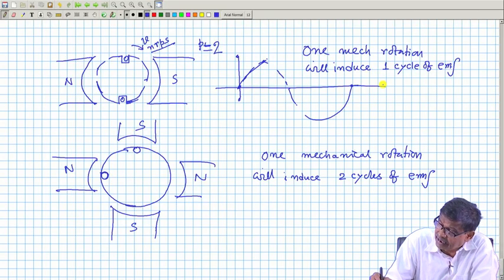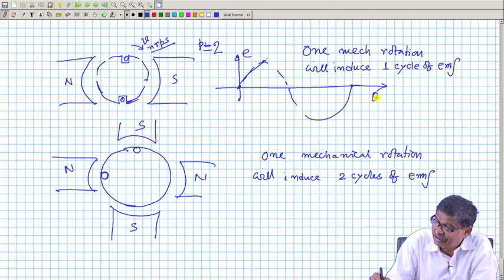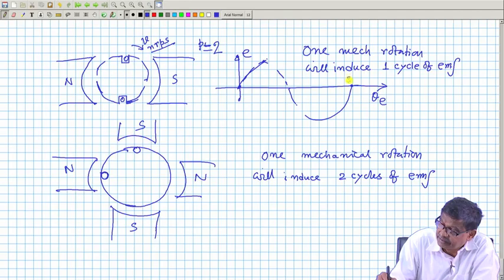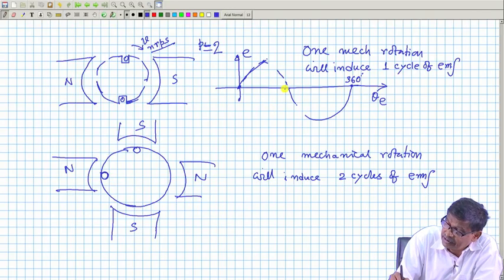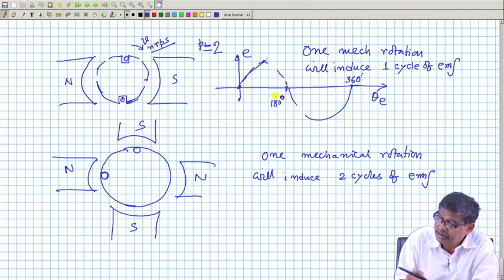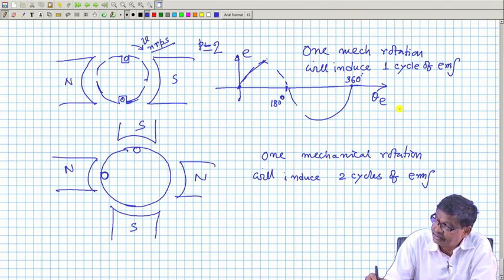Therefore, this angle for electrical induced voltage is theta electrical, that is 360-degree electrical, and this is 180-degree electrical. In case of a two pole machine, we see that theta electrical is equal to theta mechanical, no difference.